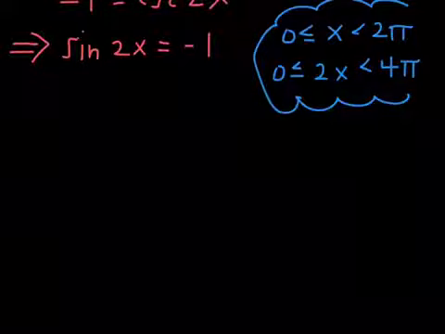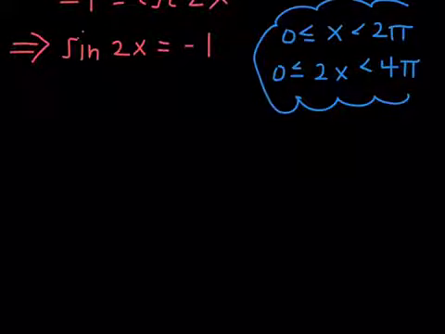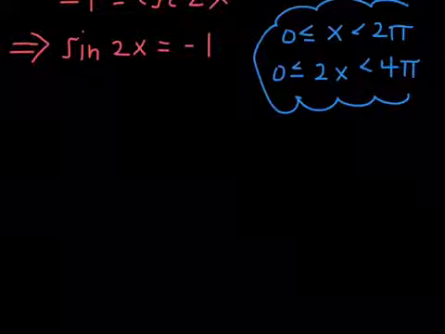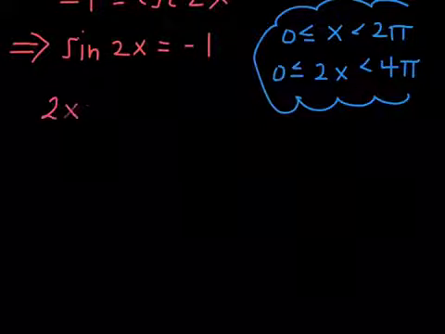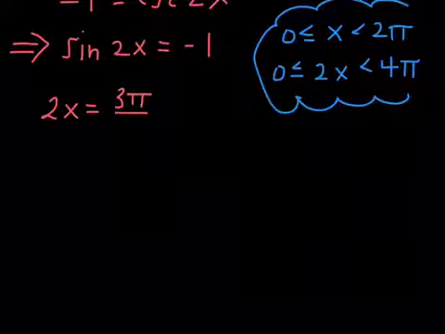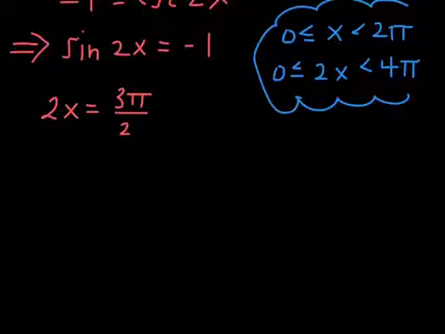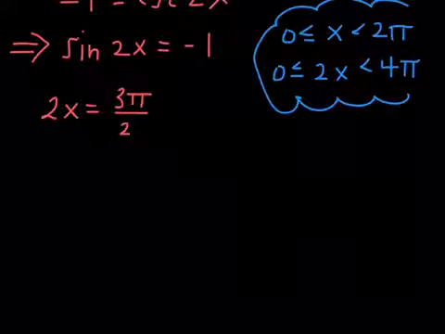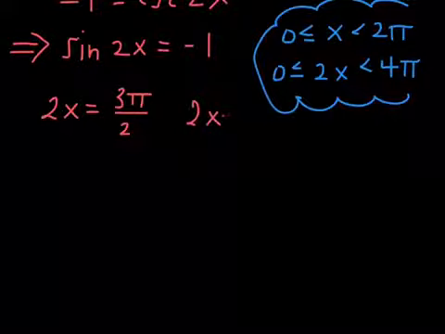All right, so here we go. Sine of 2x will be negative 1 if 2x is equal to 3 pi over 2. Sine of 2x will also be equal to negative 1 if 2x is equal to 7 pi over 2.